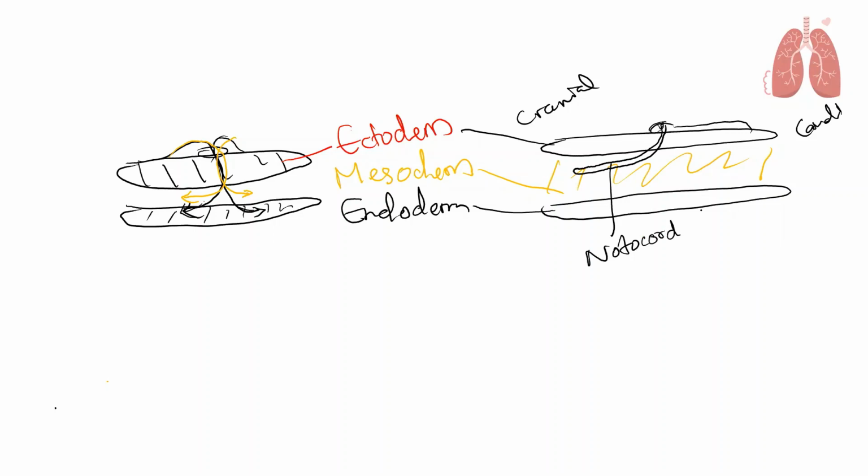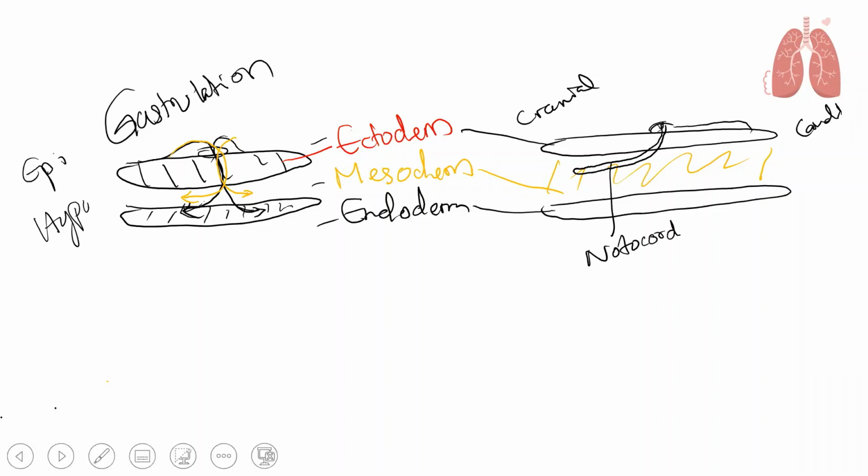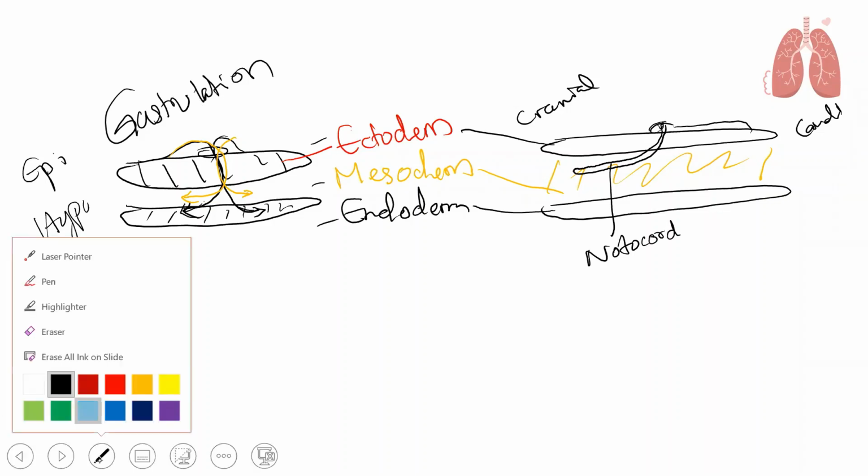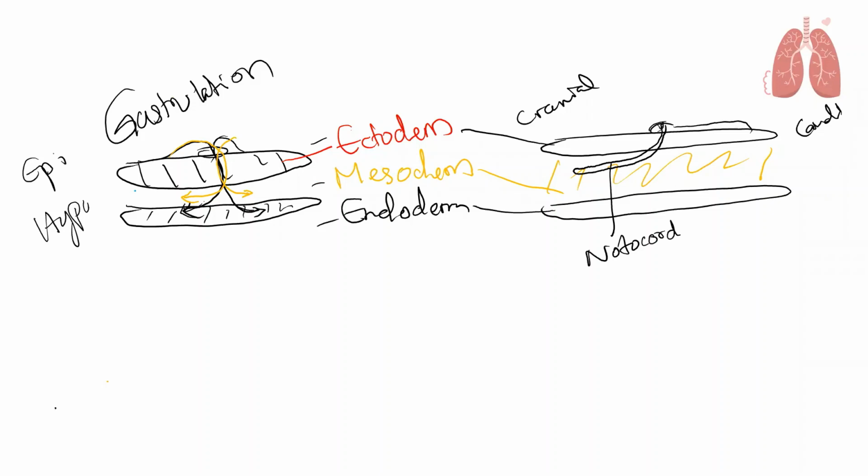After that, the formation of these three layers, ectoderm, mesoderm and endoderm, from the two layers of epiblast and hypoblast, has a special name. It's called gastrulation, right? After formation of these three layers, something special happens called flexion.